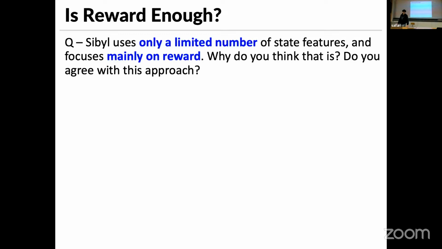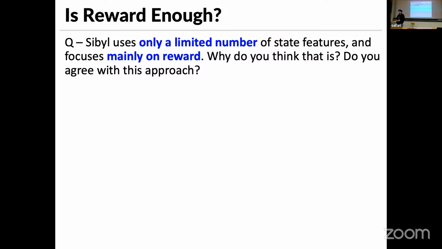And the last point is about the question of whether reward is enough. We have seen that Cibil only uses a limited number of state features, and it focuses mainly on reward. So perhaps you might have conjectures on why you think that is, and do you agree with this approach? Do you think more states should be used?